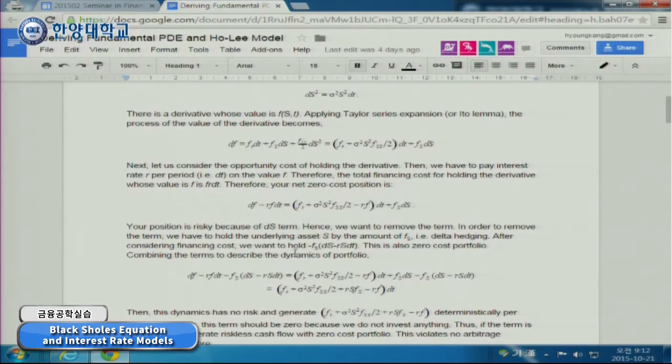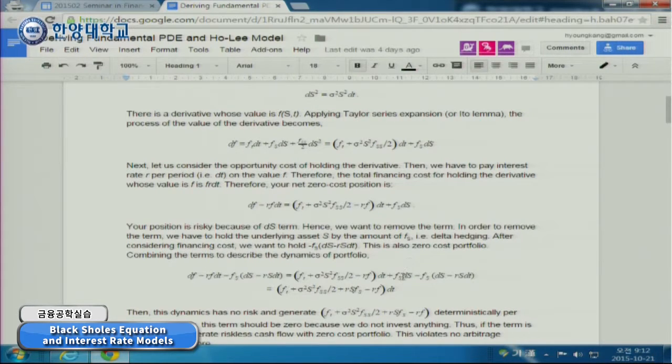Combining the terms to describe the dynamics of the portfolio, now we have df − Rf dt − f_S dS − R S f_S dt. This is actually what traders indeed do in an investment bank. Delta hedging: if you have a position in a derivative, take the opposite position in the underlying asset, and then you balance cash.